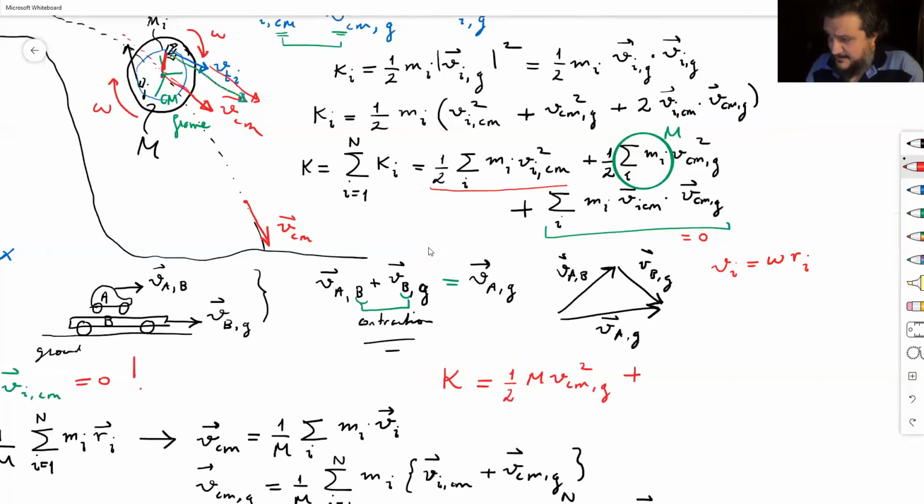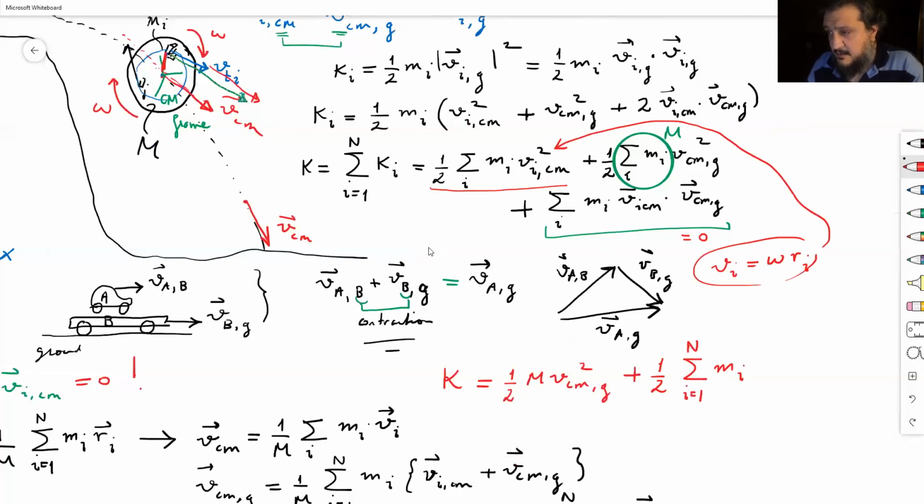So if I plug it in here, I will have the square of omega and then square of r. So 1/2 summation from 1 to n, m_i r_i squared times omega squared.